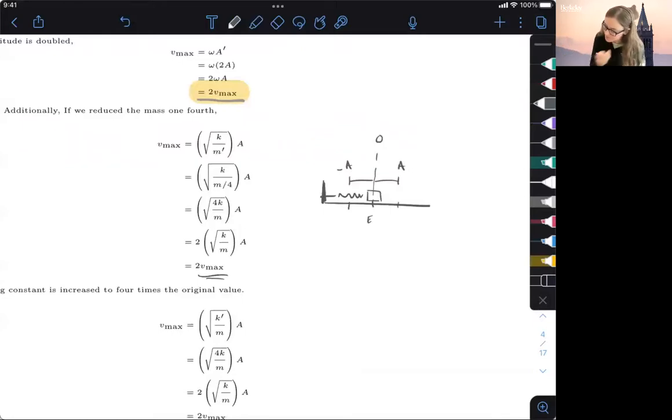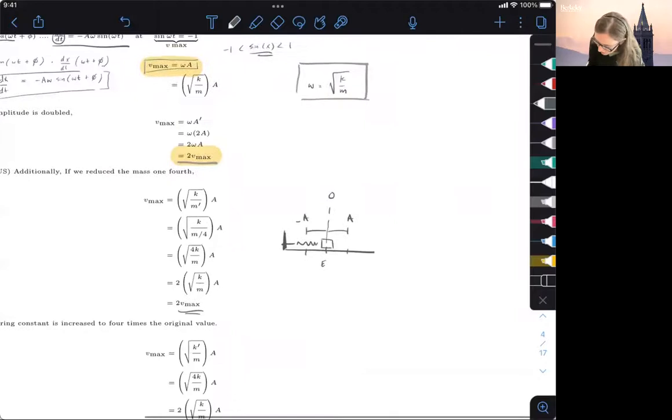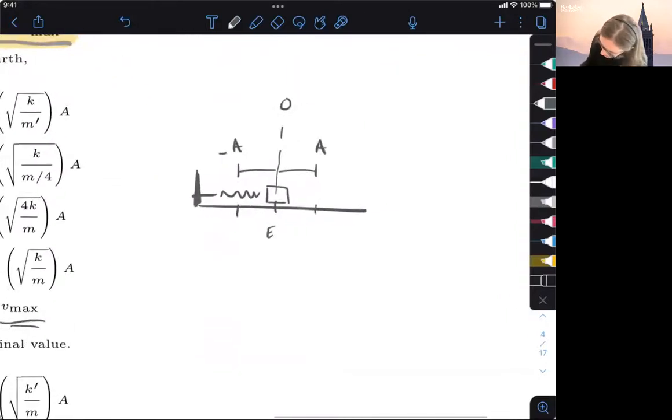When we look at the graph, we know that our maximum linear velocity is going to be in the middle here, at this equilibrium point. So as that block is going past the middle, it's going to be moving at its fastest speed. It's going to slow down on this end to a full stop here. And then the spring is going to push it back. It's going to hit its max speed again in the middle, and then it's going to slow down to a stop at this maximum displacement on the other side. So it's just oscillating back and forth.